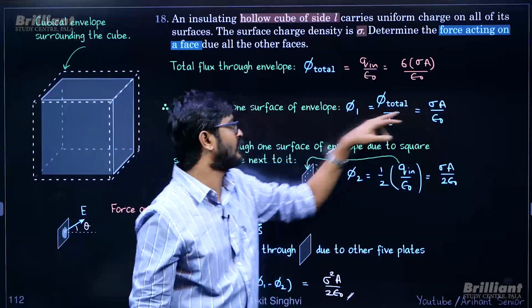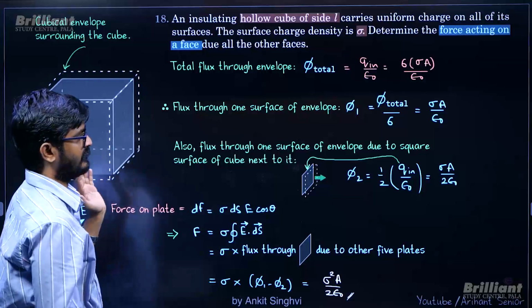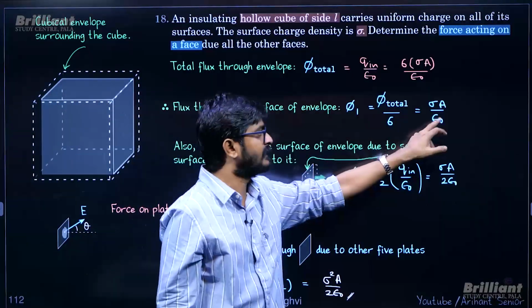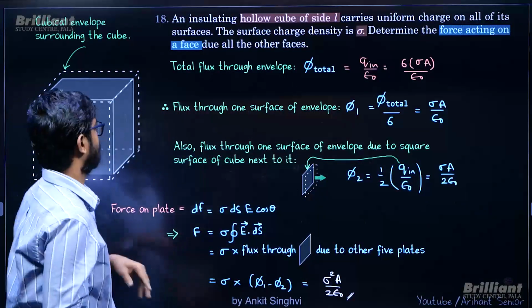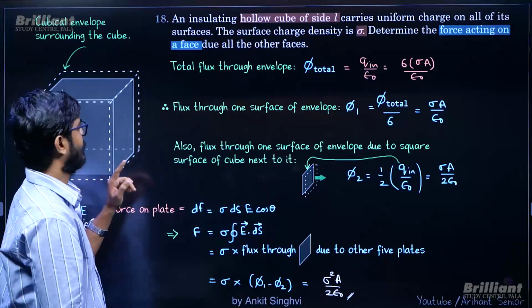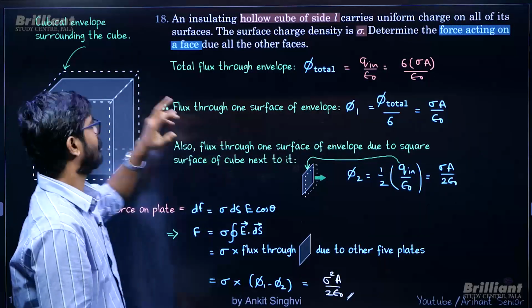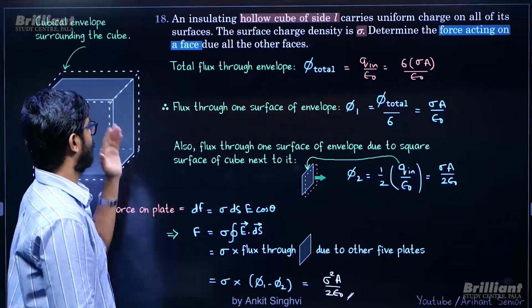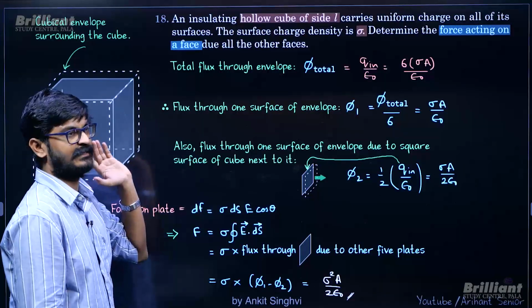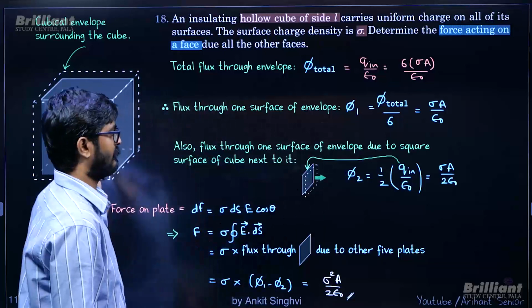This is the flux through only one face of the Gaussian surface. Now you need to understand this flux is because of 2 reasons. That flux is because of the remaining 5 sides and this side. But what we need is flux because of only the remaining 5 sides. This is the flux because of 5 sides plus this one side. So if you can find the flux because of this one face, then if you subtract, you will get the flux because of the remaining 5 faces.